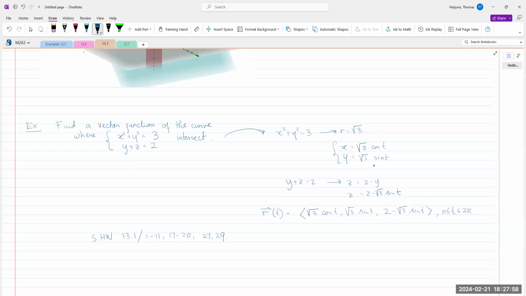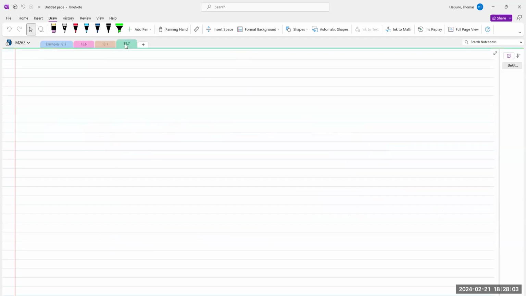Okay, next one I want to do is section 12.7, which is the cylindrical coordinate system. And then the second part is the spherical coordinate system.